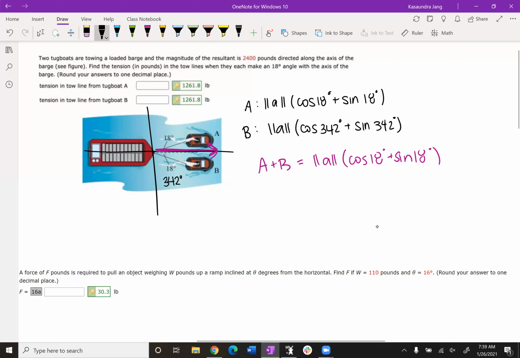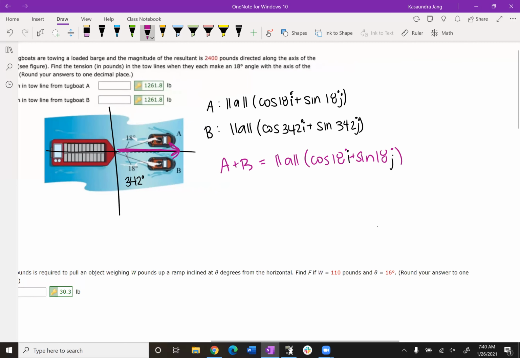Let me put the i and the j, like horizontal and vertical. There we go. Forgot those. Okay, so there's my A plus B.